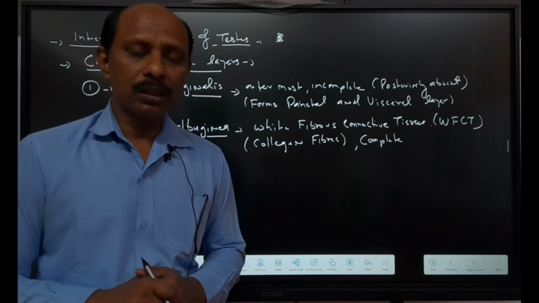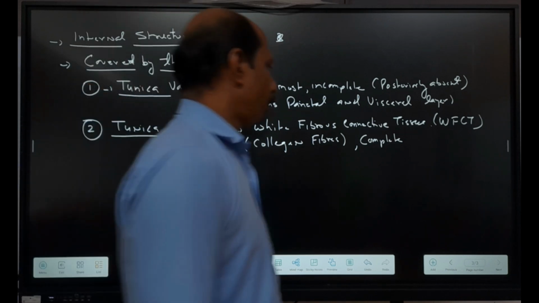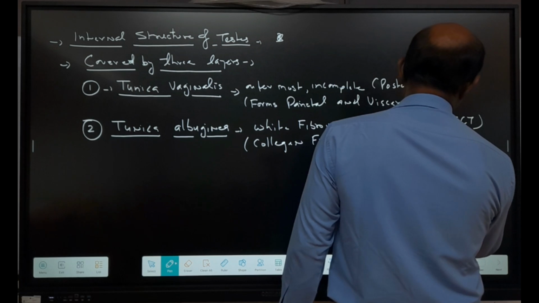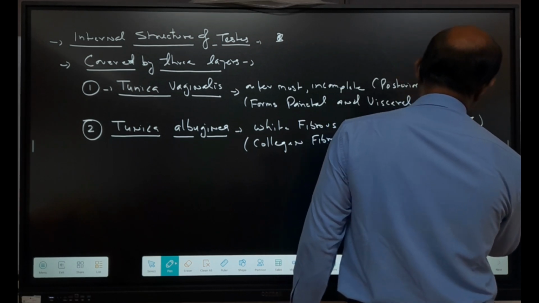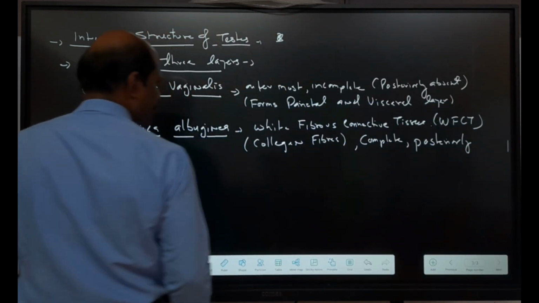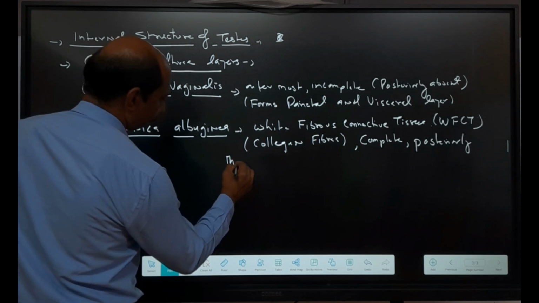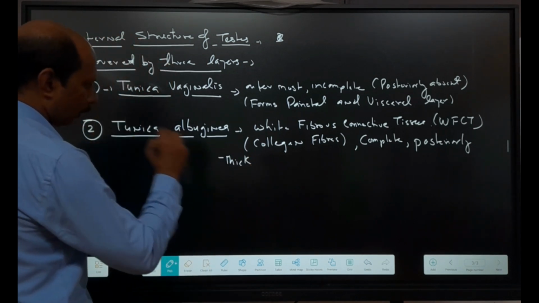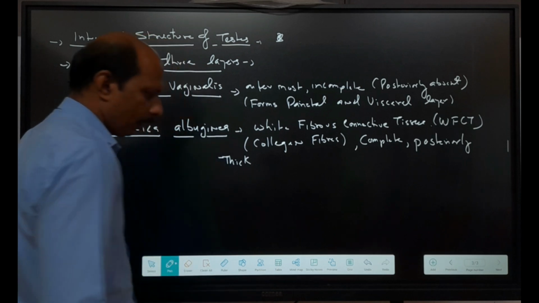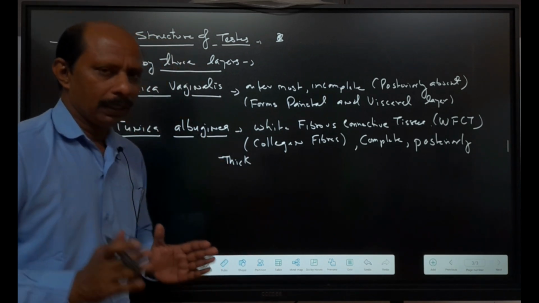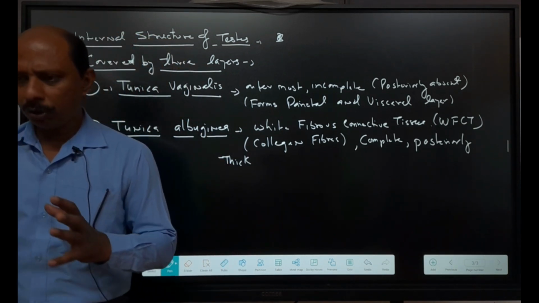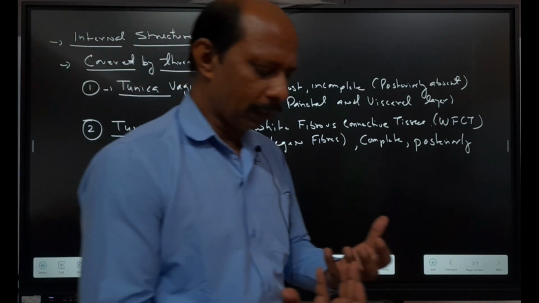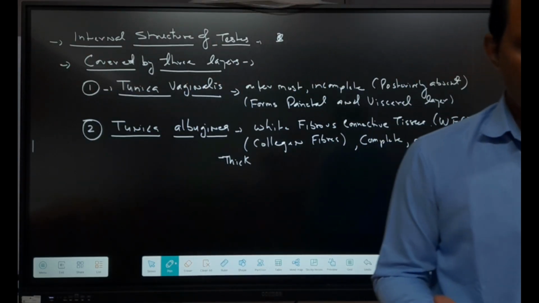Posteriorly it is thick, so what happens? It forms the septum, right? We have only one scrotum, and this scrotum is separated into two lobes for two testes.